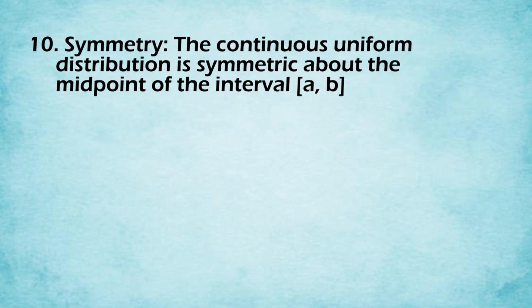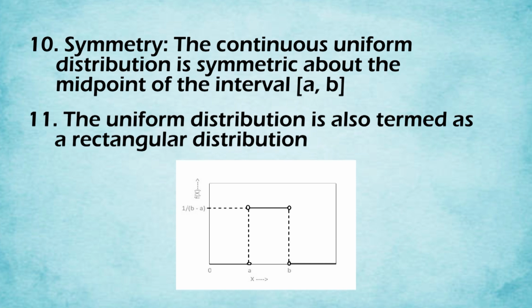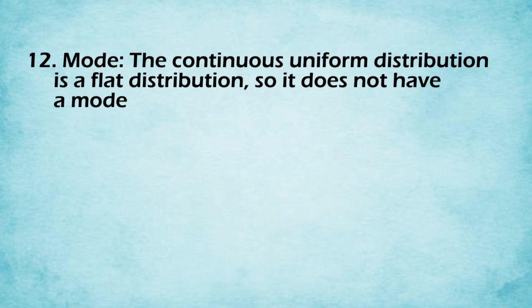The continuous uniform distribution is symmetric about the midpoint of the interval a, b. The uniform distribution is also termed a rectangular distribution. The continuous uniform distribution is a flat distribution, so it does not have any mode.